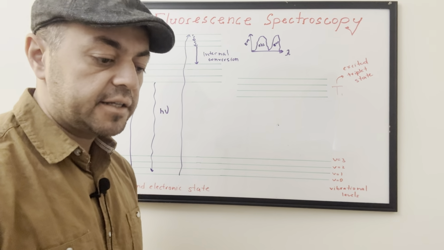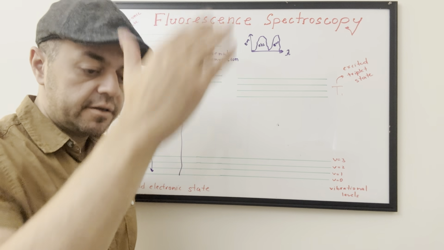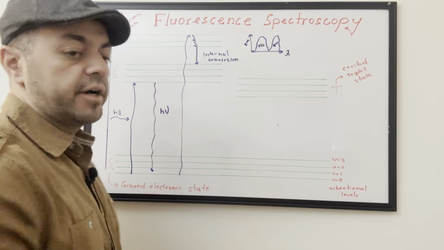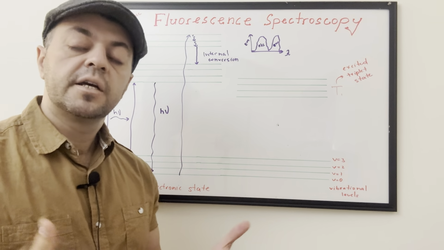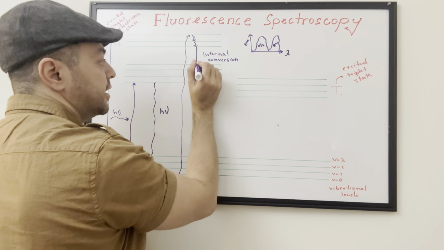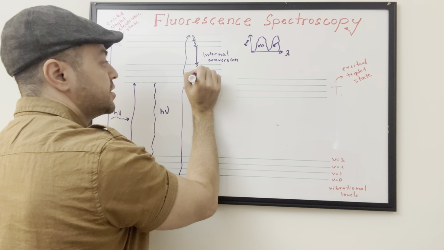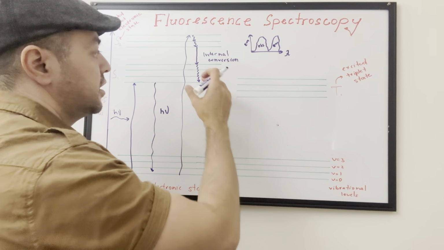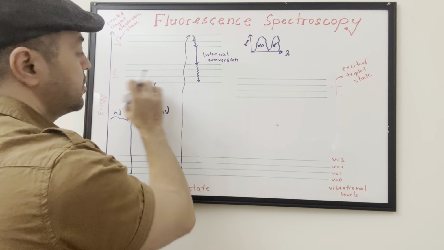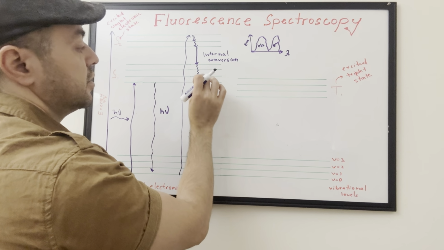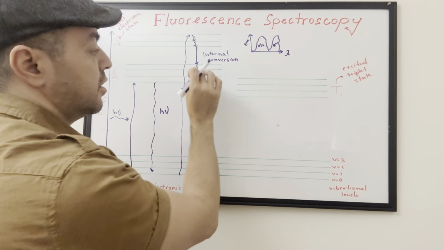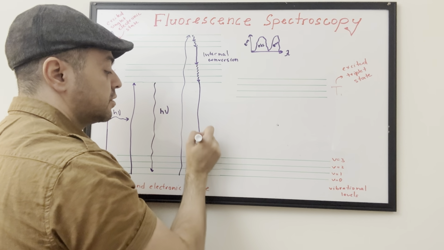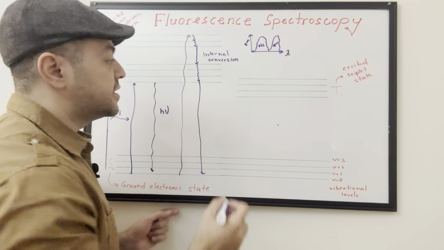Internal conversion is when the excited state goes from a higher level, from S2 or S3 or S4, all the way to S1. So it first undergoes internal conversion, and then it again loses energy as heat and goes to the ground vibrational level of the excited state, and then it starts falling down, releasing the energy.